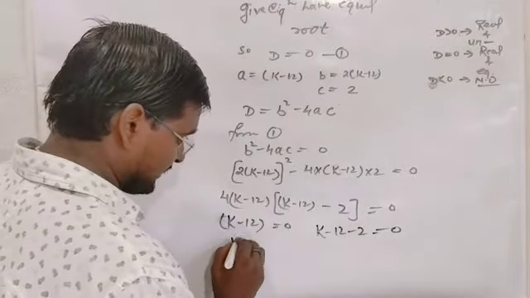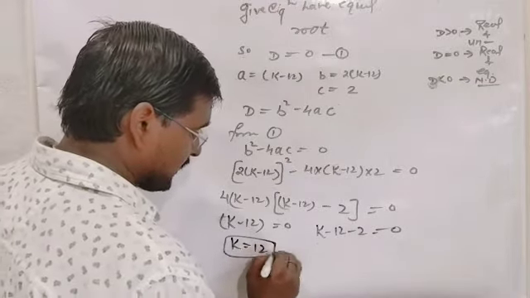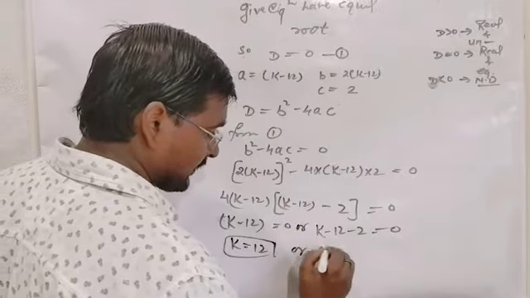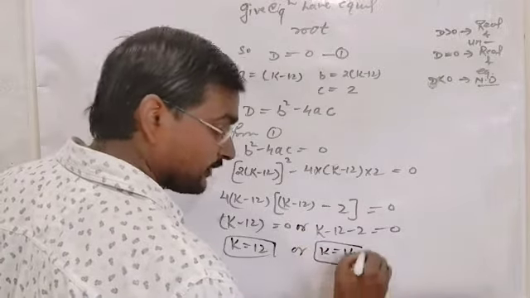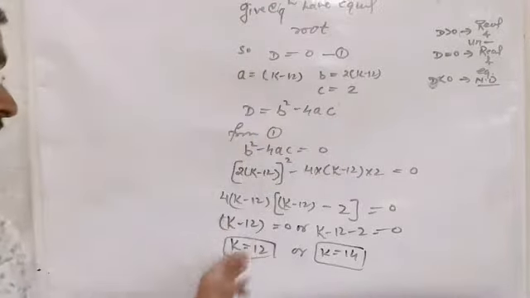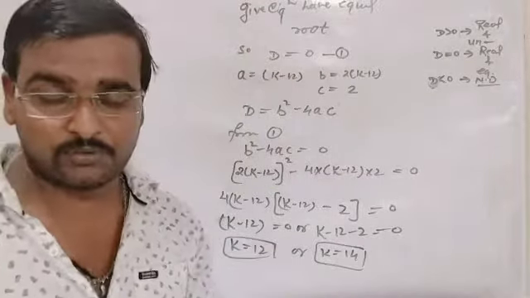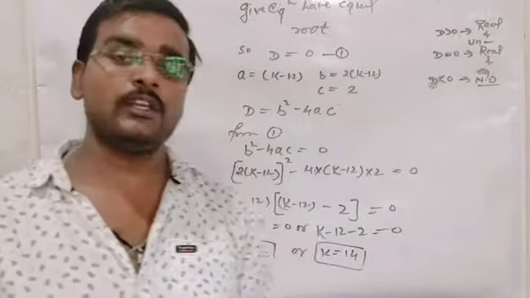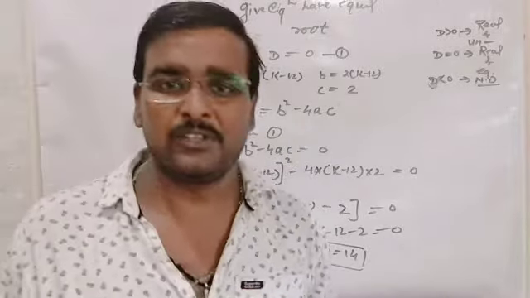So it is written as k is equal to 12 or k is equal to 14. There are two values of k. So if we put k equal to 12 or k equal to 14, then the equation has equal roots. Okay, and this type of question you can easily solve.